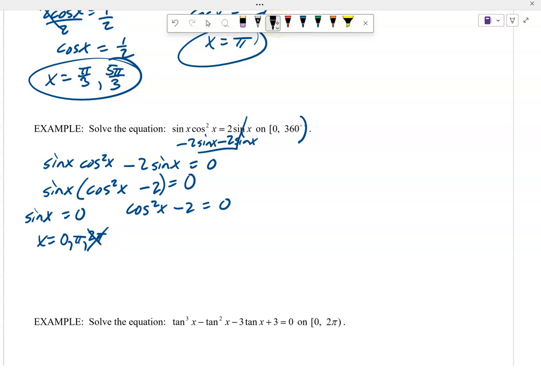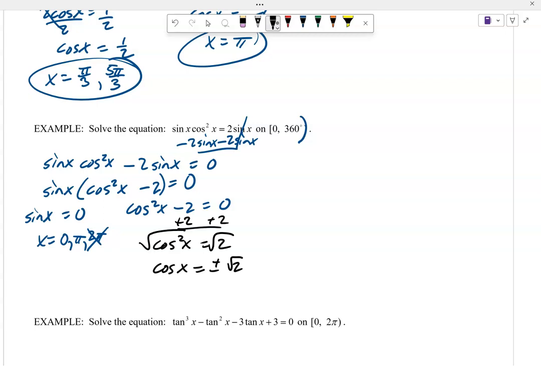Cosine squared x minus 2, I'm going to isolate the cosine squared, so let's add 2 to both sides. Cosine squared x equals 2, and let's square root both sides. Cosine x equals plus or minus root 2 on that. And so now, if you think about this for a minute, cosine is bounded, right?